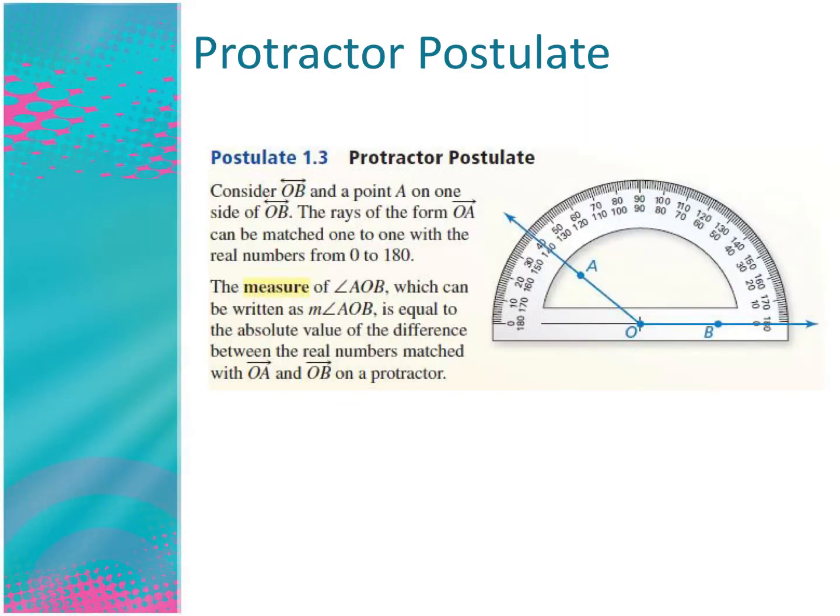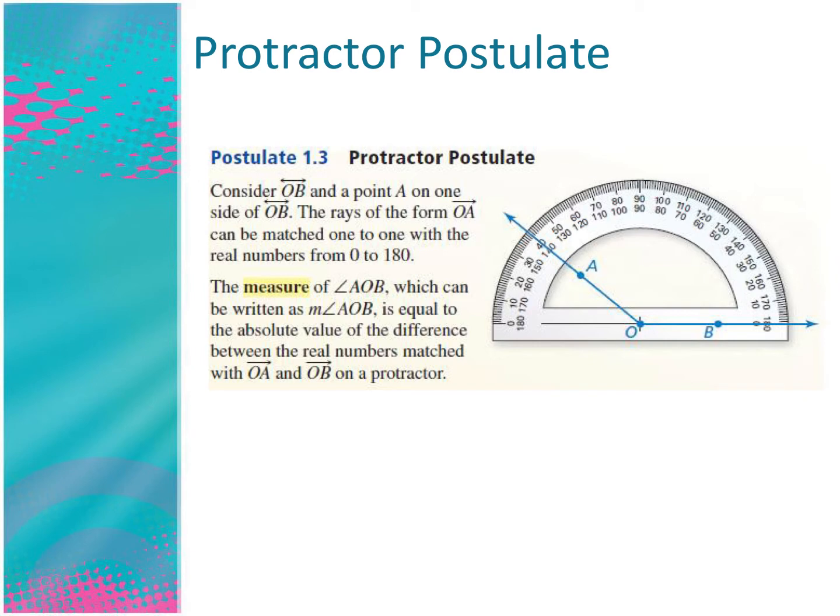Next slide has the protractor postulate, and this is similar to the ruler postulate. This is the tool that we use to measure angles. Here, if you consider ray OB and a point A on one side of OB, the rays of the form ray OA can be matched one to one with the real numbers from 0 to 180.